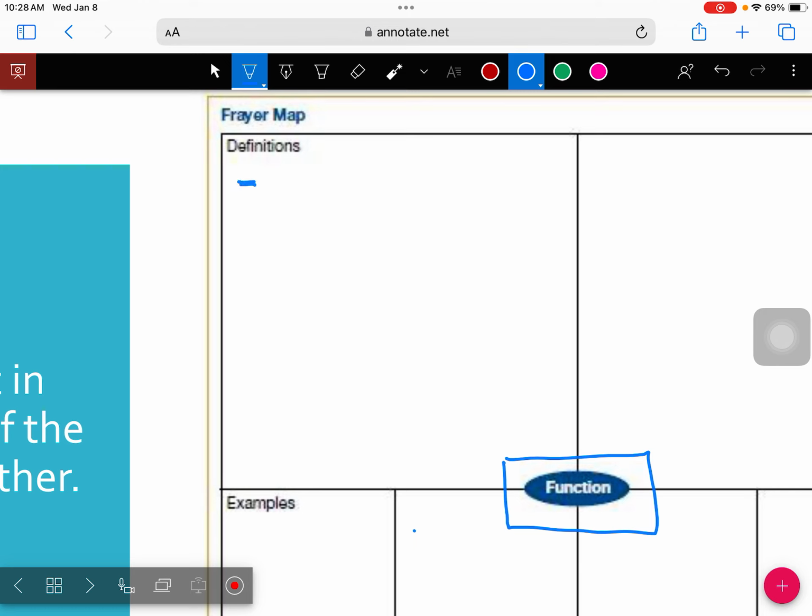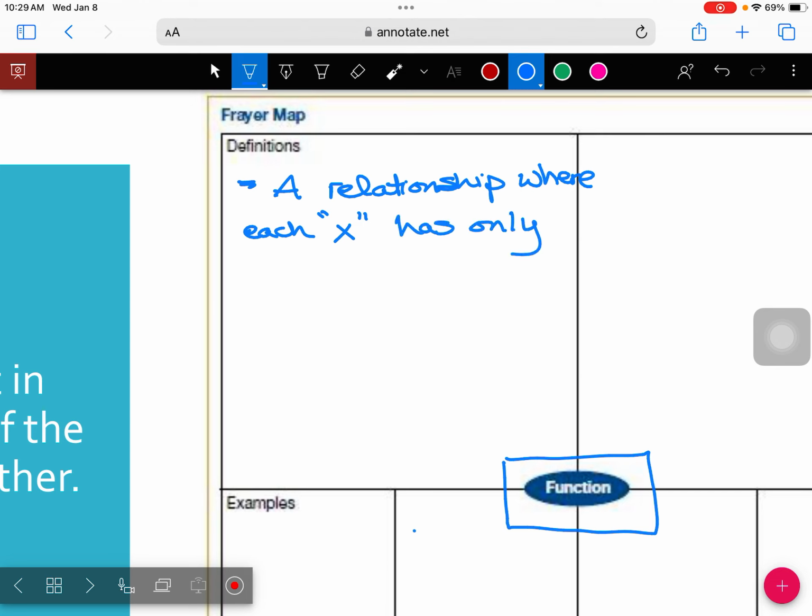No? So definition, I would say something like this: a relationship where each x has only one y value.